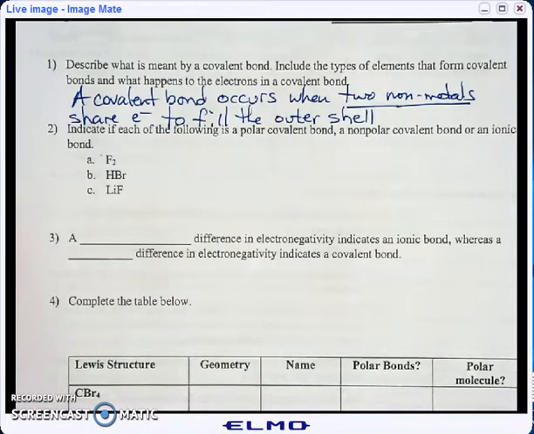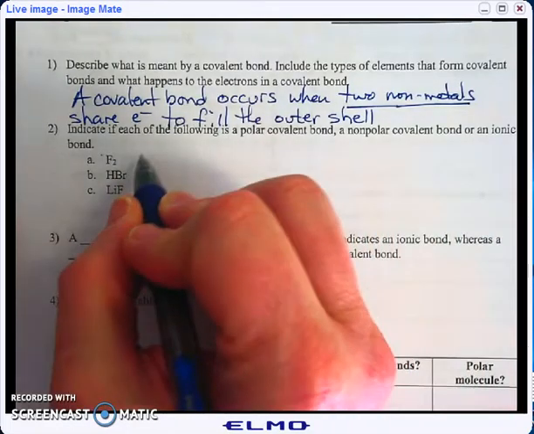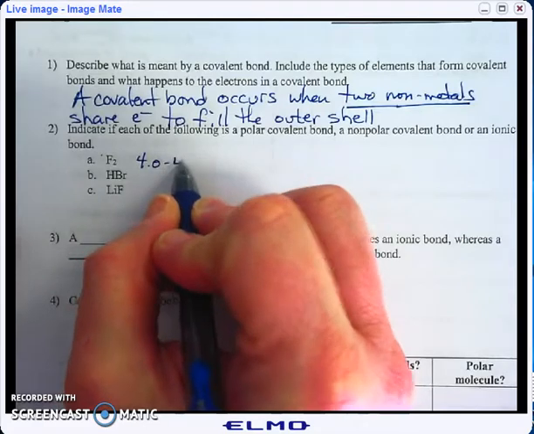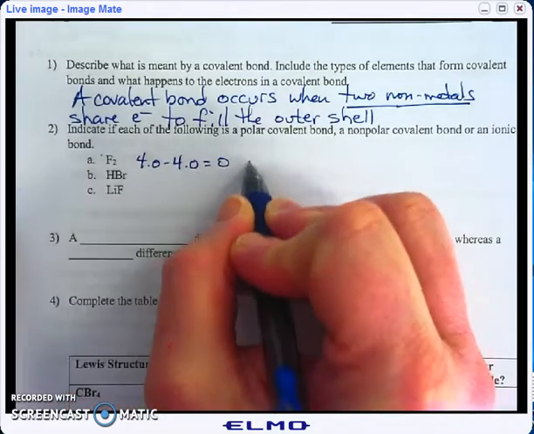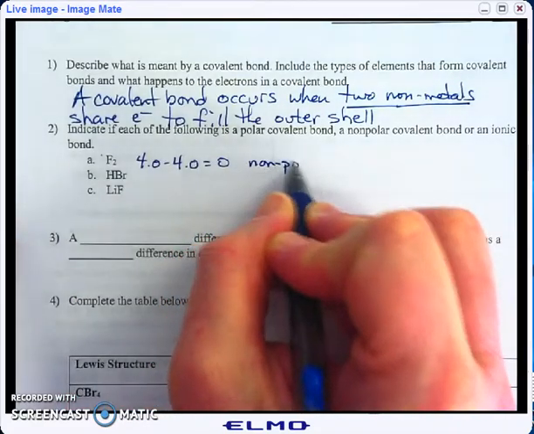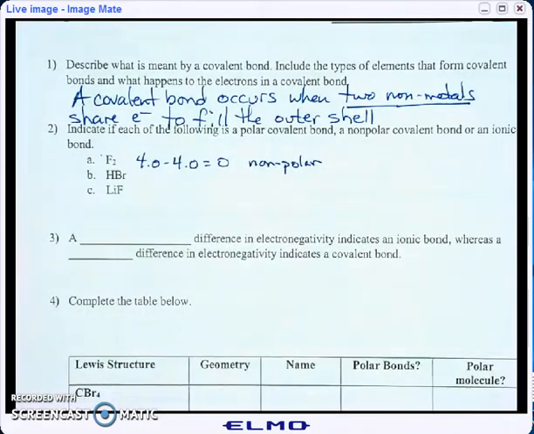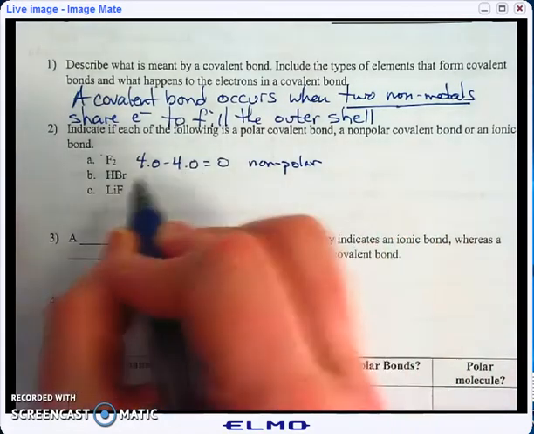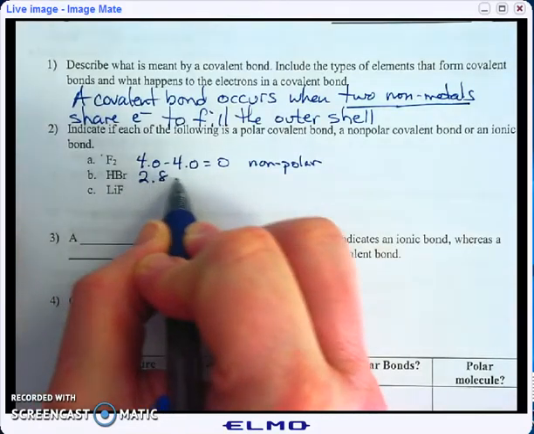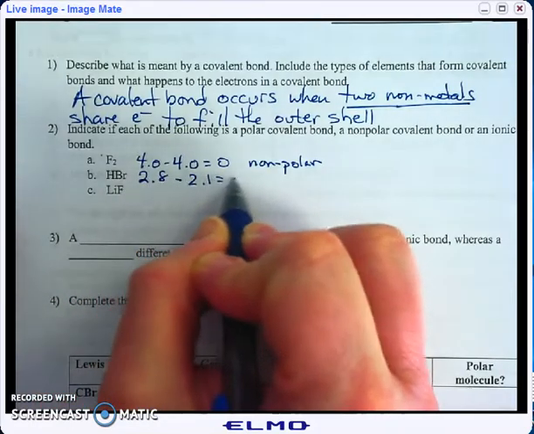Okay, first name. Angelina. F2, polar, nonpolar, or ionic? Nonpolar. We have a difference, 4.0 minus 4.0 gives me a 0, which is nonpolar. Next. I have a 2.8 minus a 2.1 gives me a 0.7.